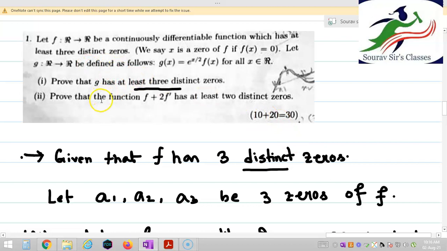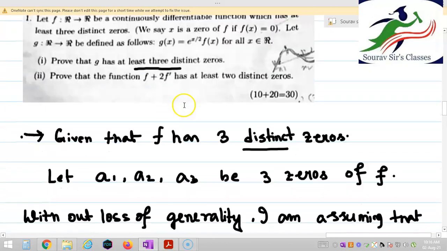Now we need to show that the function f plus 2f dash has at least two distinct zeros.